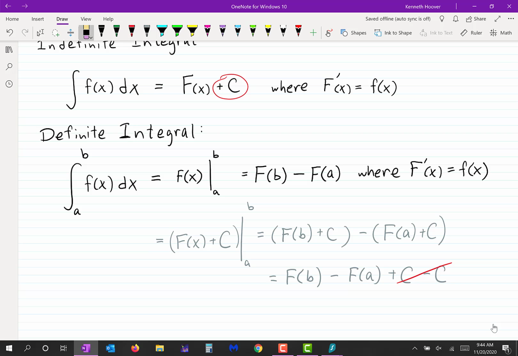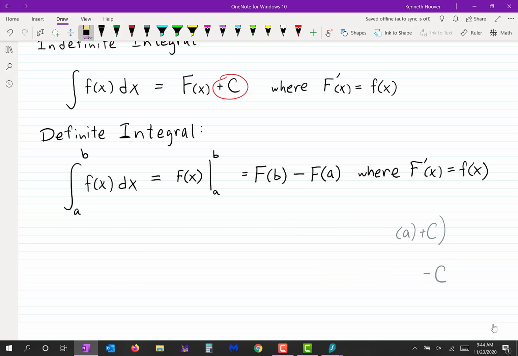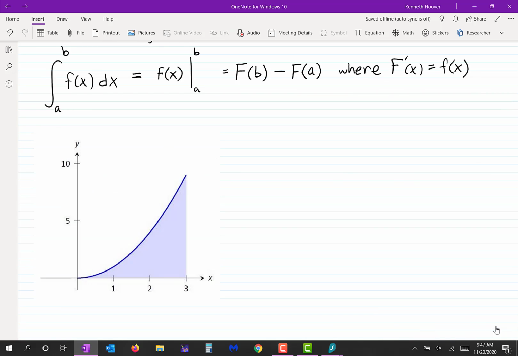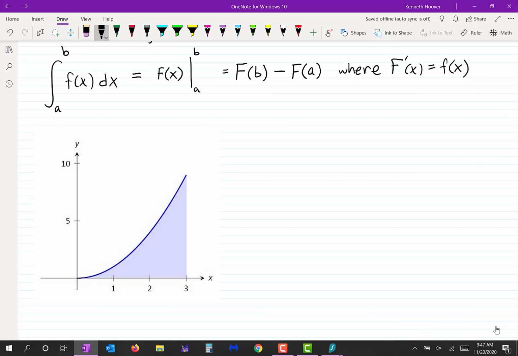Okay? All right, so now, taking that into account, let's calculate some more integrals where the function we're integrating is not linear. Let's look at that picture there from the book on page 236.